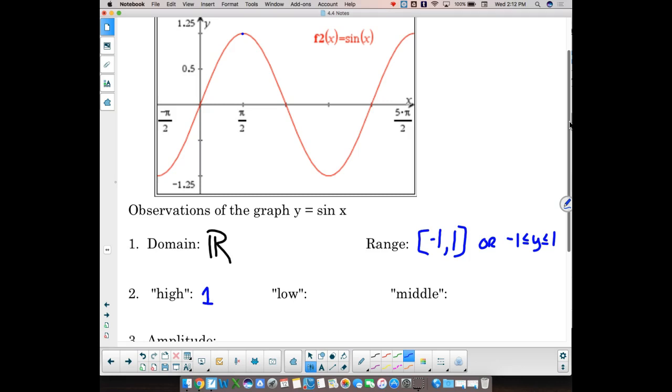The low value would be right down here, and that would be at -1. Okay, so there's my range again, low and high. Which means the middle of my function is at 0. Y equals 0 is the middle of my function.